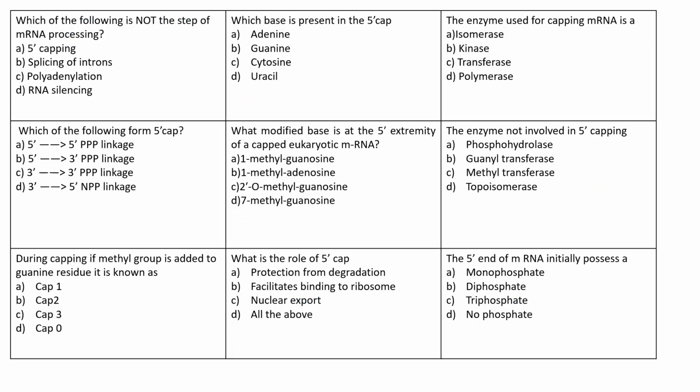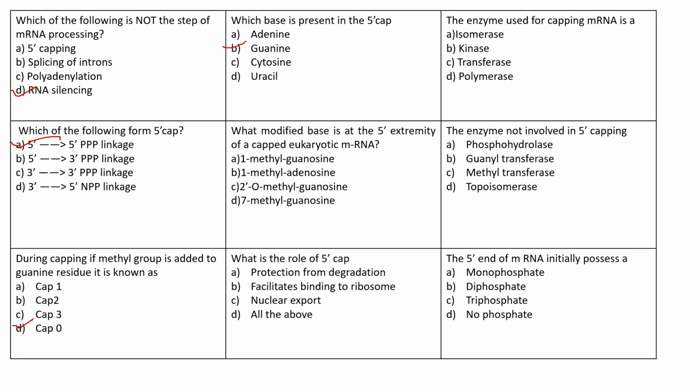Let's discuss some objective questions related to the topic. Which of the following is not a step of mRNA processing? RNA silencing. Which of the following forms the 5' cap? 5' triphosphate linkage. During capping, if a methyl group is added to the guanine residue, it is known as cap 0. Which base is present in the 5' cap? Guanine.